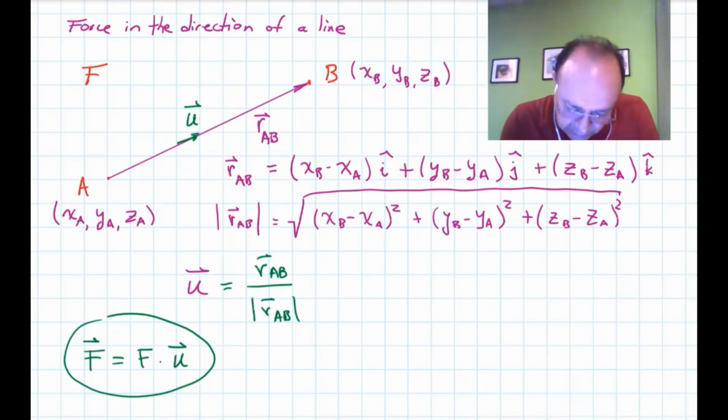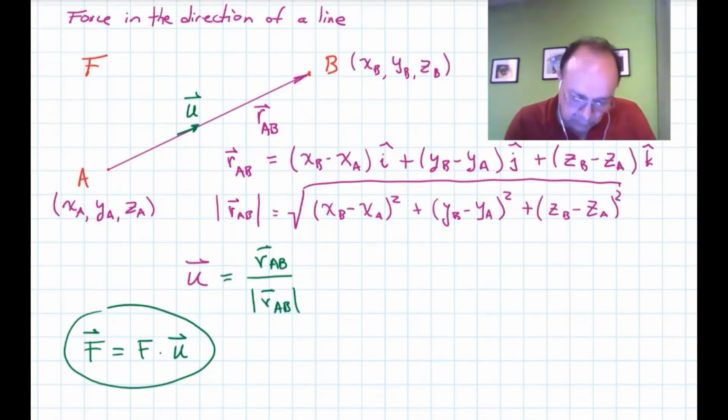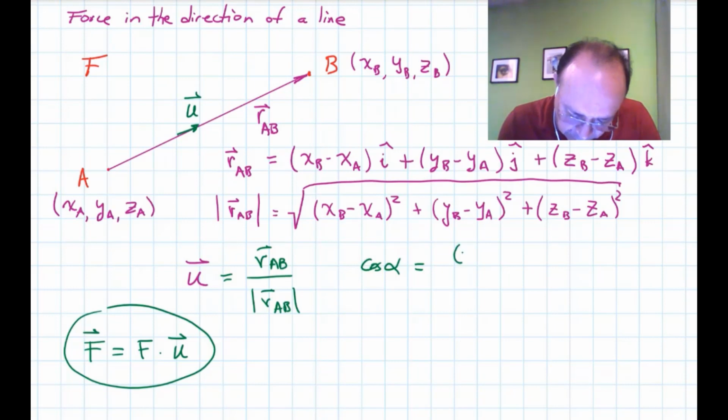The cosines are given by each one of the components of the vector divided by the magnitude. So cosine alpha is equal to (XB minus XA) over the magnitude of RAB.